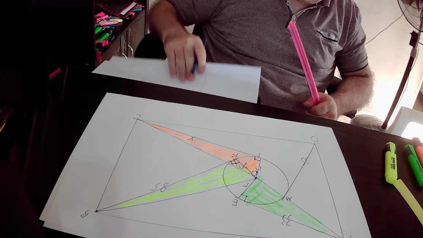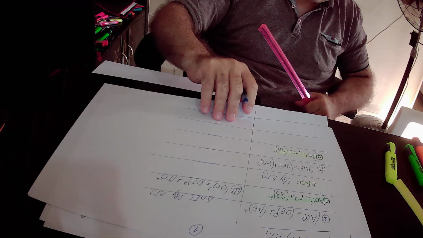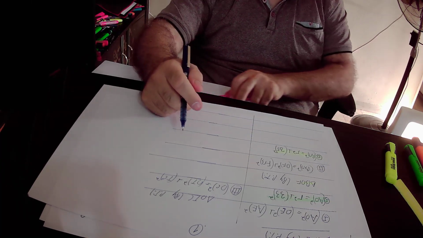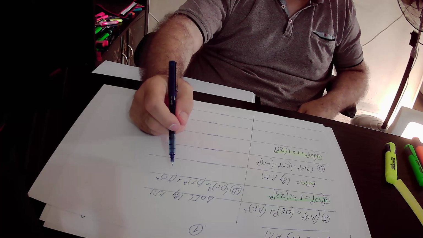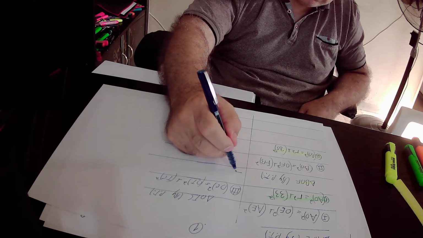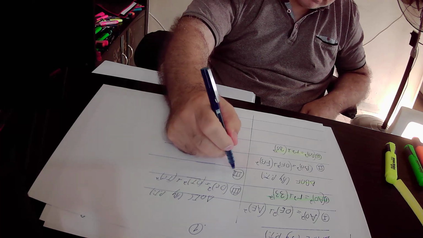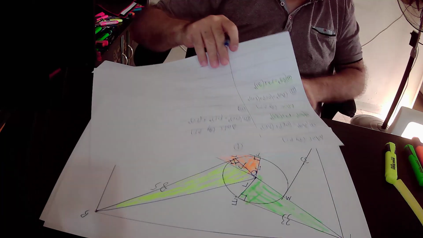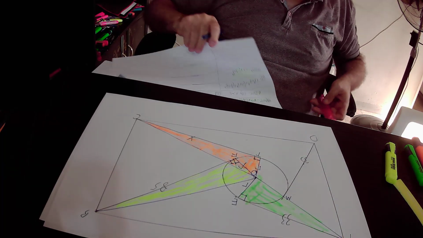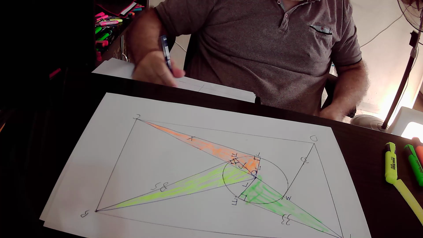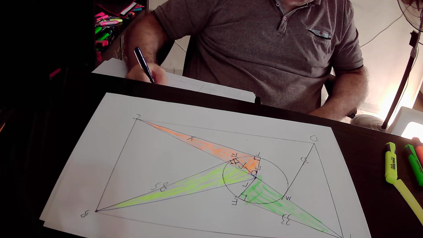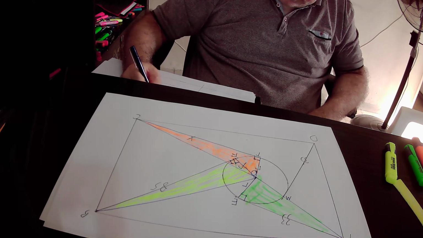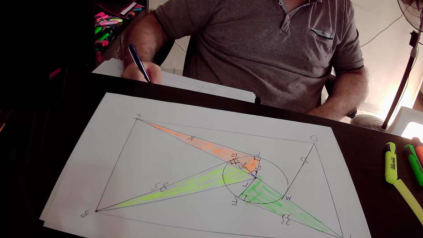Repeat again. In the right orange triangle OTC, by PT, OC square equals OT square plus TC square. So here OC square equals OT square.